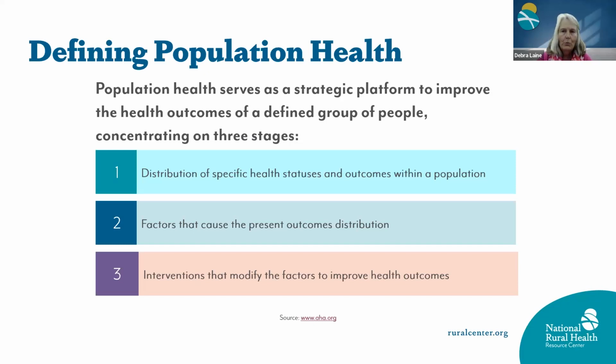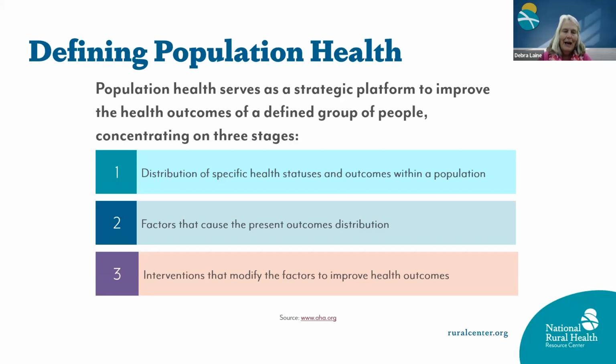Now, that defined group of people might be a subset of your entire community. Some communities I work with are so small that it really includes the whole community. But it's about identifying a usable target number of people to work for.